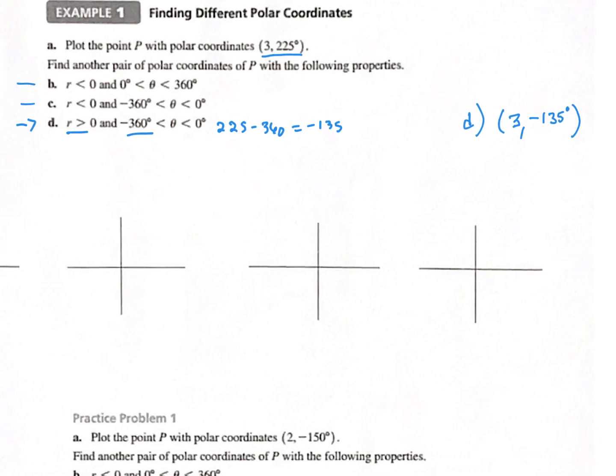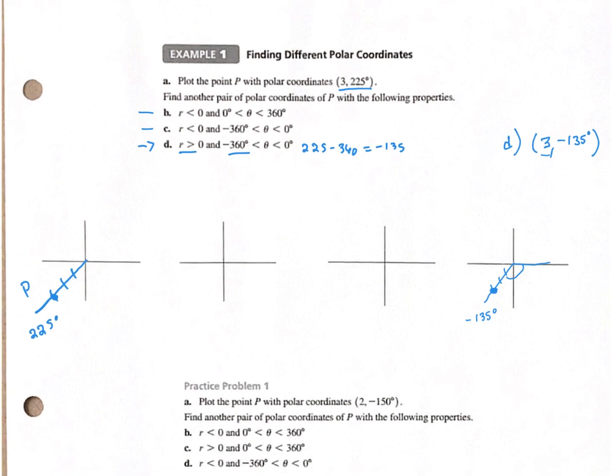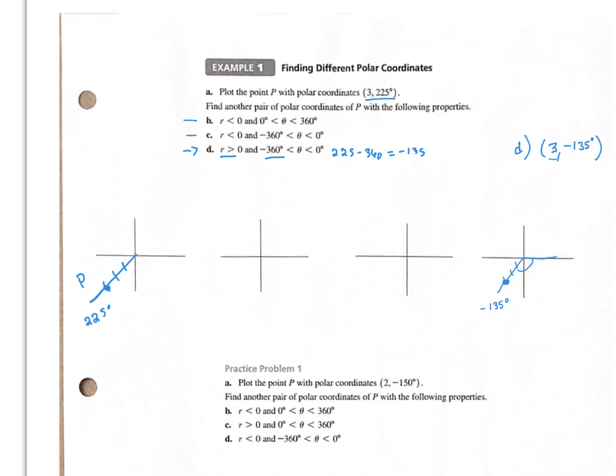If we're doing negative 135 degrees, we move in this direction to negative 135, but we're still going out 3 units from the pole. So that point is graphed exactly the same. It looks exactly the same as that initial point, but we wrote that point differently and we rotated differently to get to it. All right?